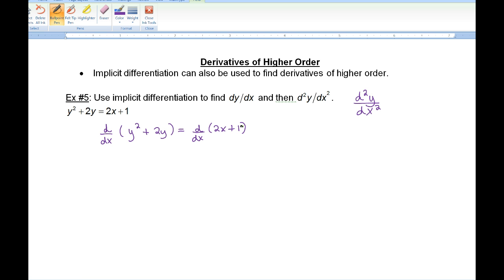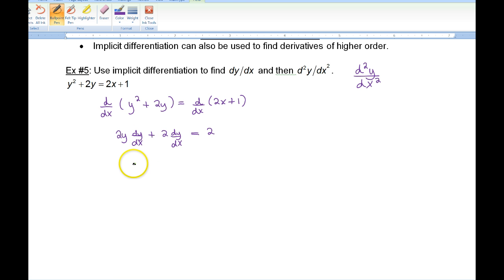It's going to be 2y dy dx plus 2 times the derivative of y, which is just dy dx. On the right side, that's just a 2x, so 2, and the 1 goes away. Okay, let's factor out our dy dx. We get 2y plus 2 in parentheses.